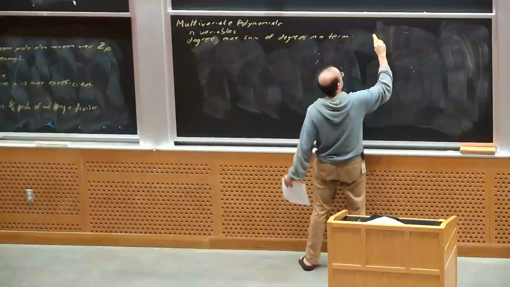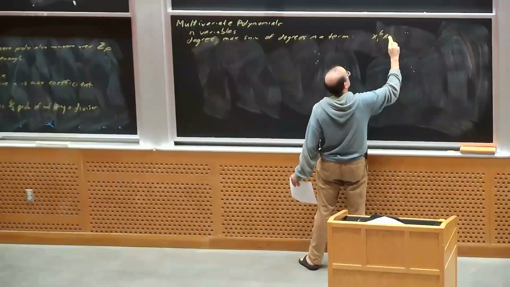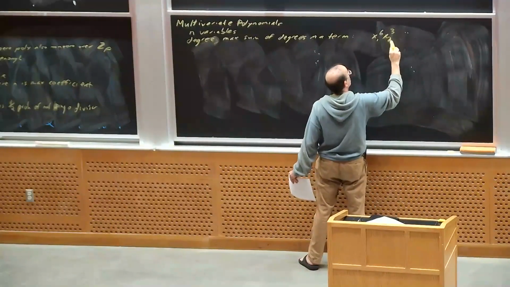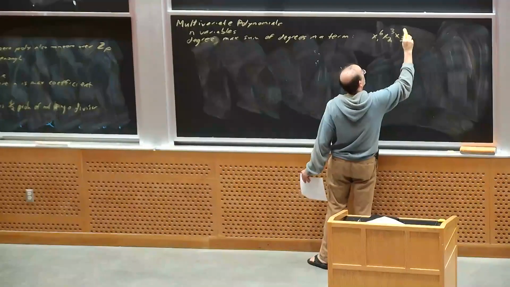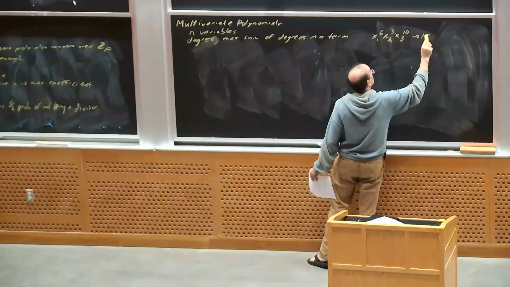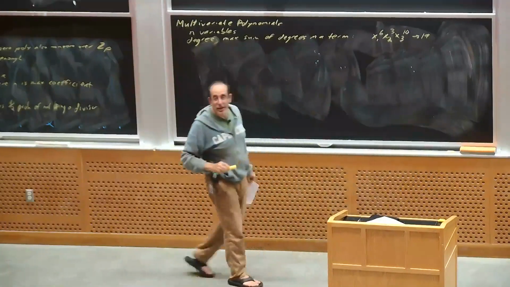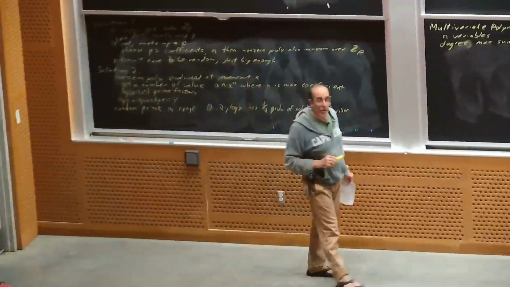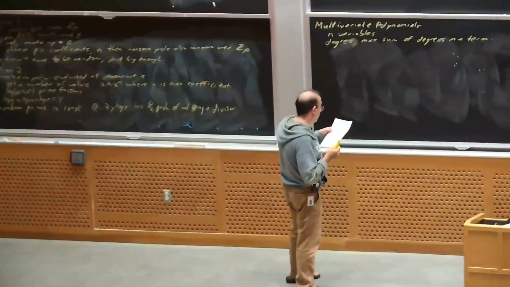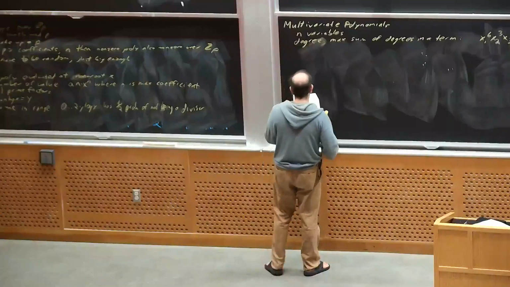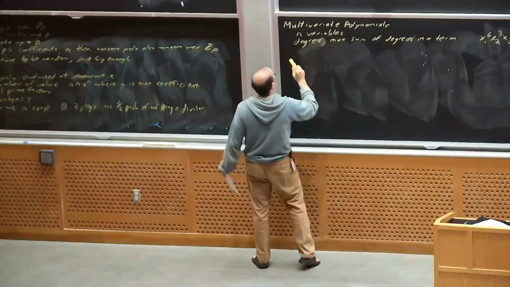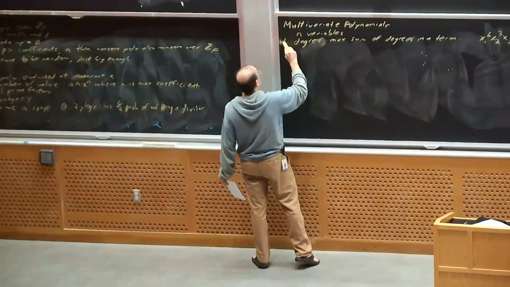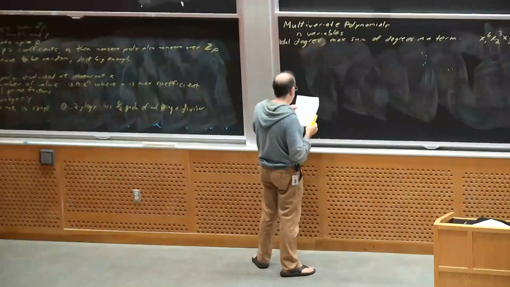So if I have something like x1 to the 6th, x2 cubed, x3 to the 10th, this is going to be a term of degree 19, and I just take the maximum over all the terms of the polynomial. Okay? And sorry, I should call this the total degree of the polynomial.